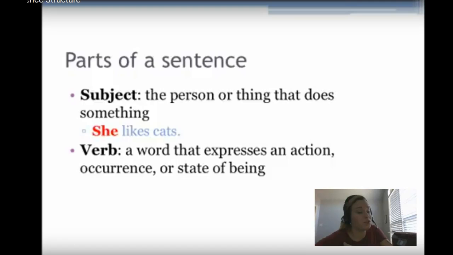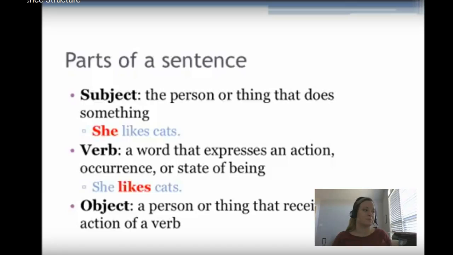The verb is what they're doing, the action. Here, that's likes, because you're asking yourself, what is she doing? She's liking the cat. In the example, the verb is likes.